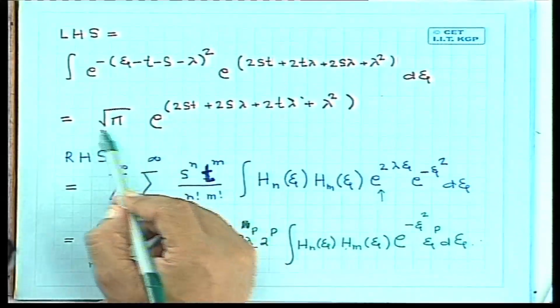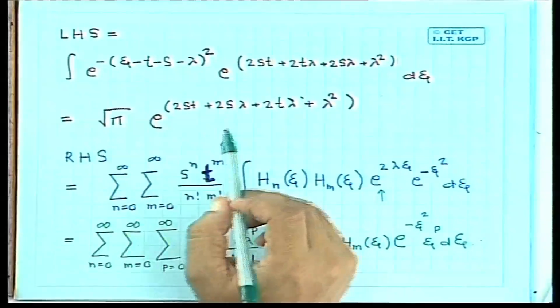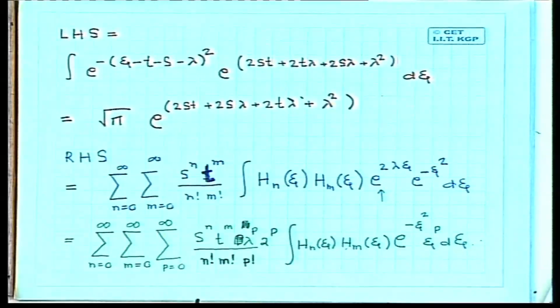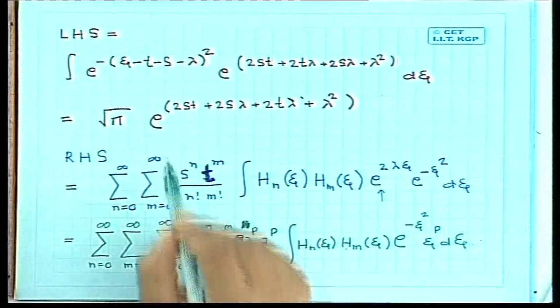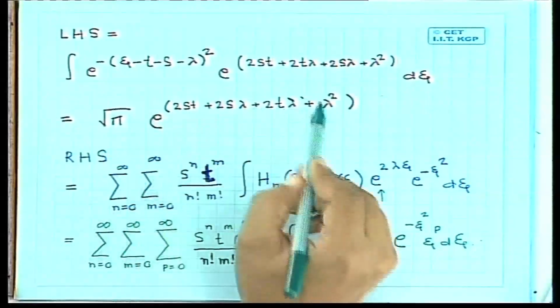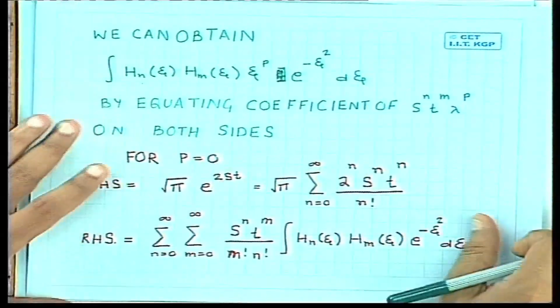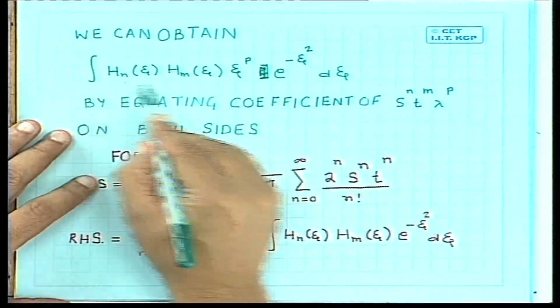Now you expand this also in s, t and lambda. If you do the expansion, then you will get some powers of s, t and lambda. You equate the corresponding powers here and here, and you can use that to find out this integral which we want.